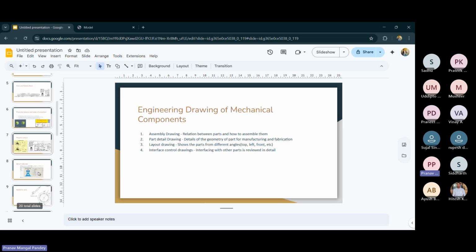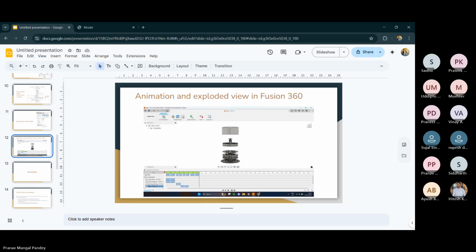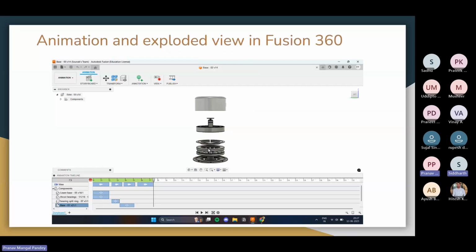For example, let me show you this. Remember this. I showed this to you in the CAD assembly part. I think I was not present in that meet. Okay, there was a video which I showed you guys about the exploded view. Inside this, if you are talking about, let's say, an interface drawing of the lower base, what all things will I show you?